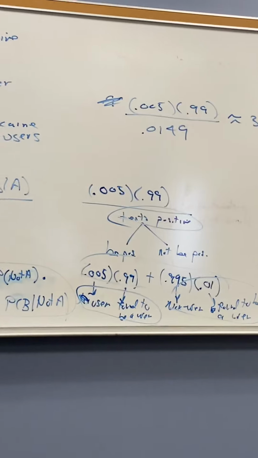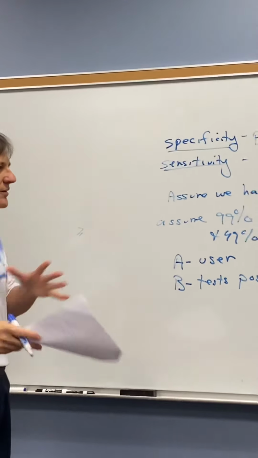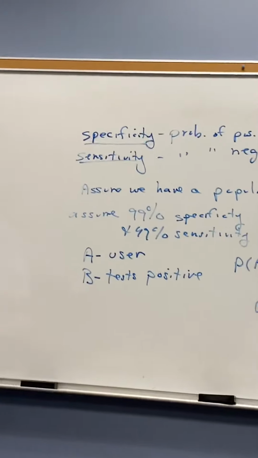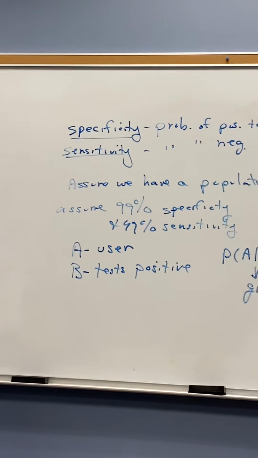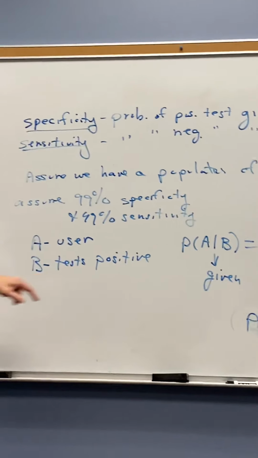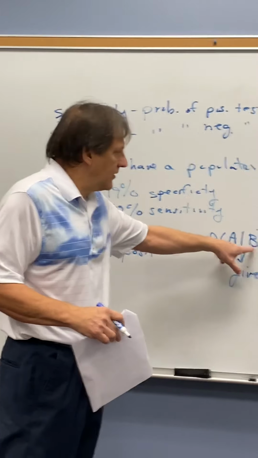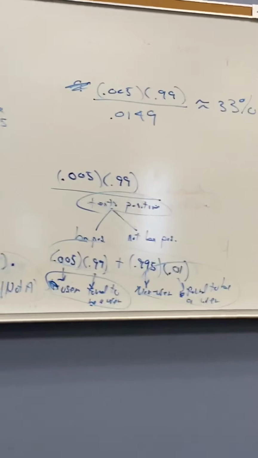Okay, so what did we end up finding? Kind of a surprising result, okay? And this is why you need to be careful with drug testing, and numbers can be a little bit surprising. So what did this end up saying? It said that the probability of a user, given that you test positive, is a mere 33%.